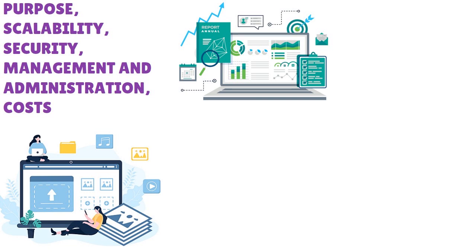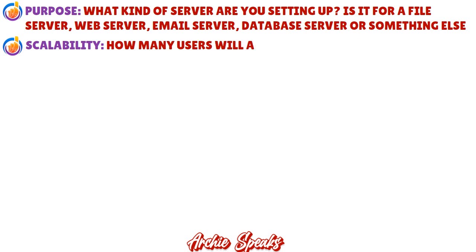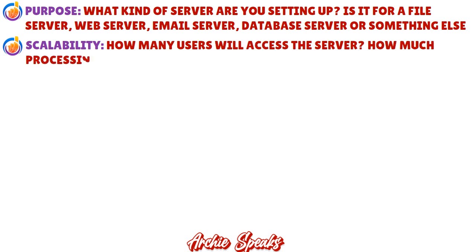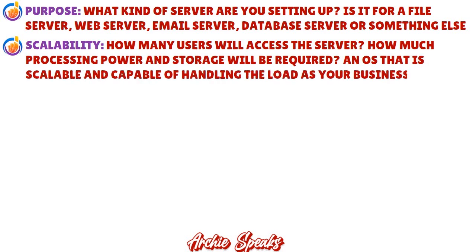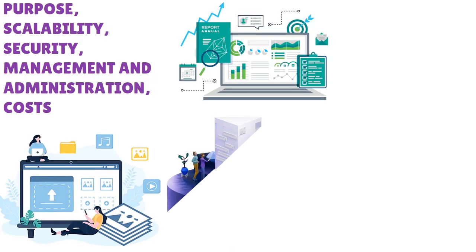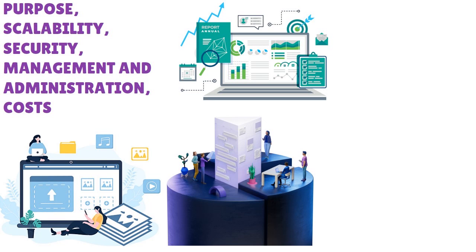You also have scalability, so how many users will access the server, and how much processing power and storage will be required. An OS that is scalable and capable of handling the load as your business expands is critical. Make sure that you measure the workload of your business against the potential scalability of the server OS that you have in mind.